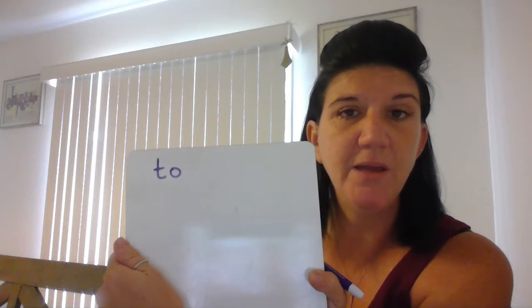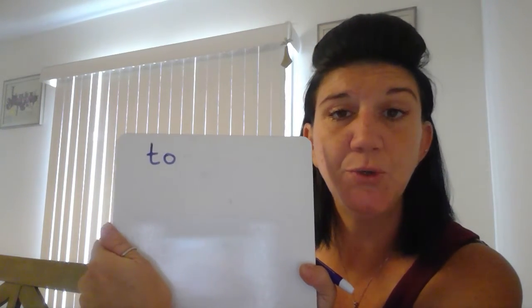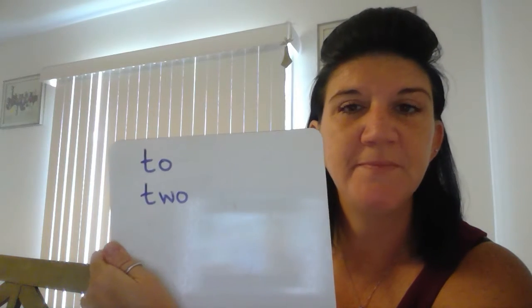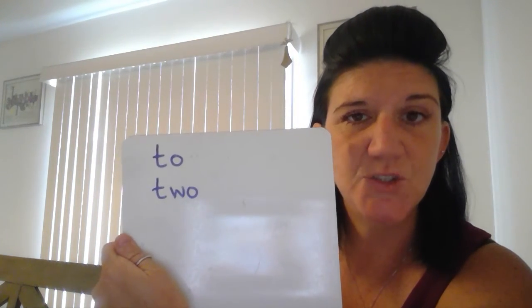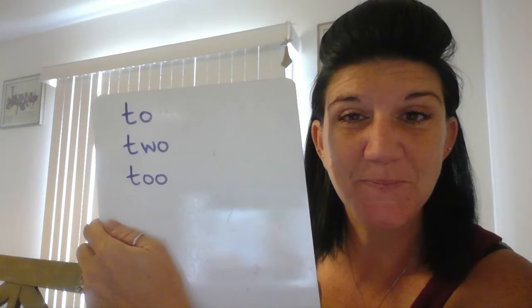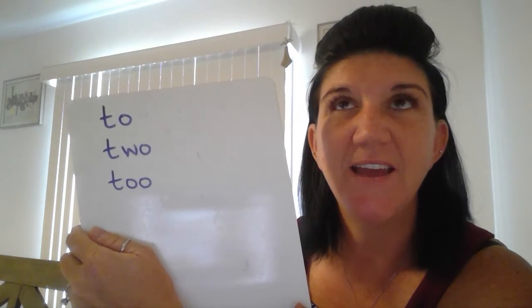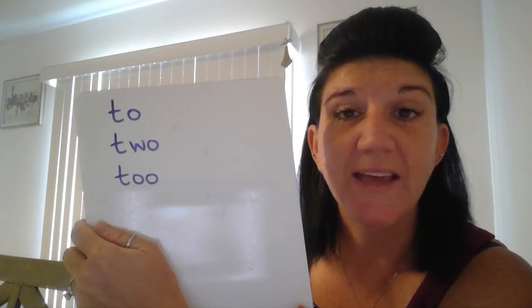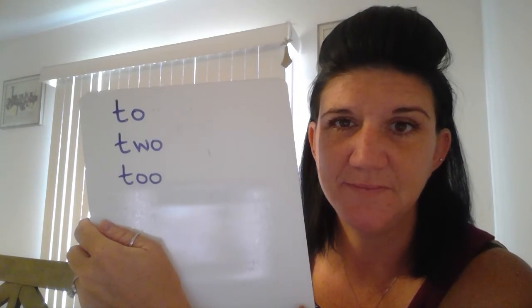to. I am going to write a letter to my friend. To. Mrs. Van Auken has 2 sons. And 2, I like Harry Potter, Lord of the Rings, and Star Wars too.